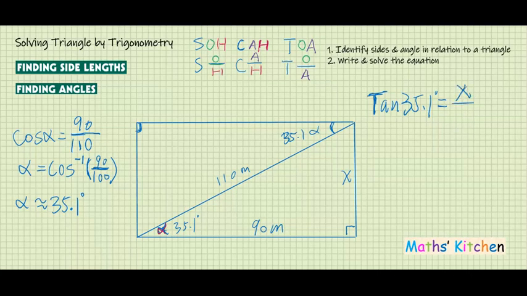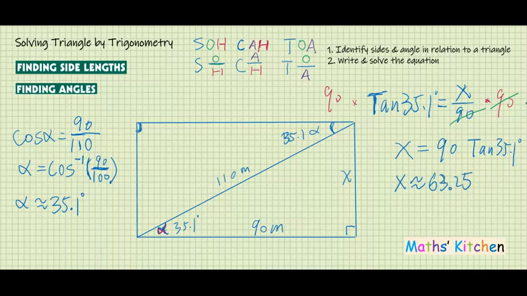Times 90 on both sides to solve this equation. It will be x equals 90 times tangent 35.1 degrees. X is approximately equal to 63.25 meters.